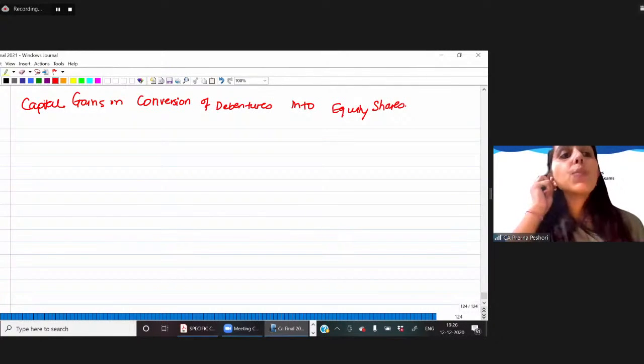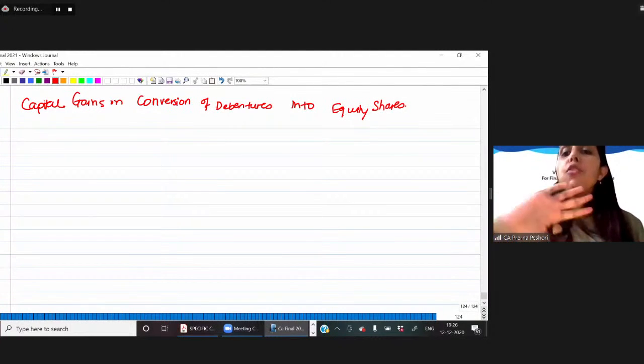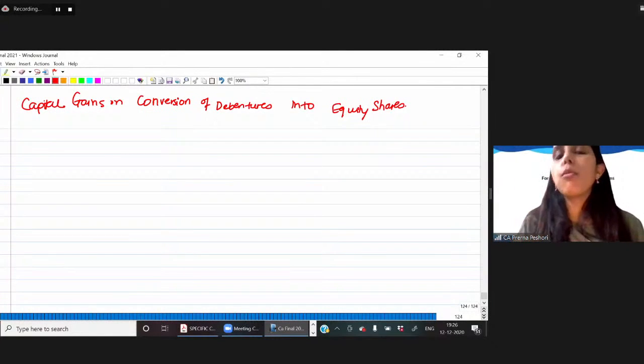What happens when debentures are converted into equity shares? The asset is getting changed from one form into another form. So ideally there is no income involved in it.